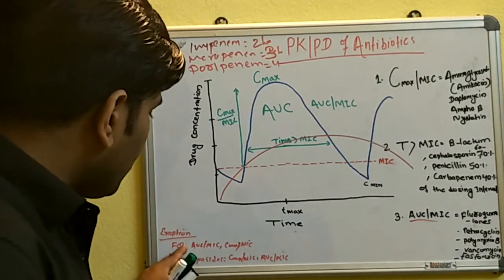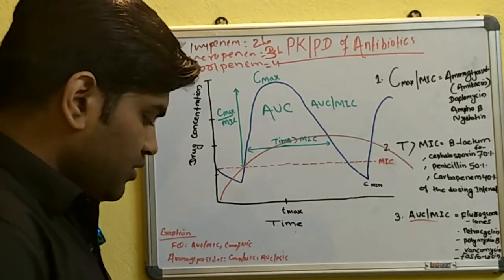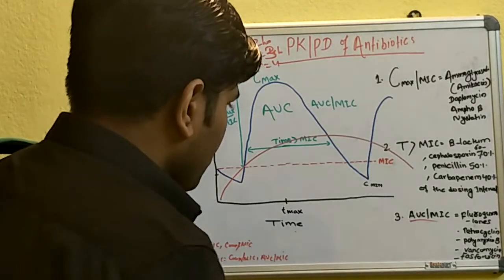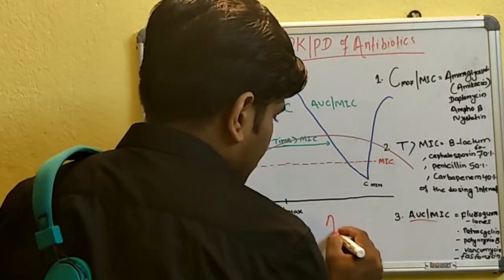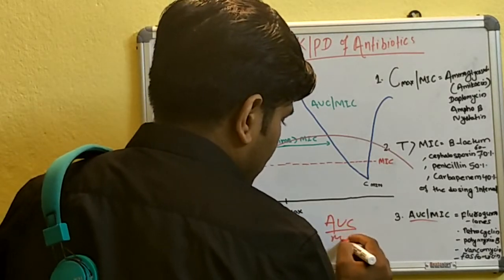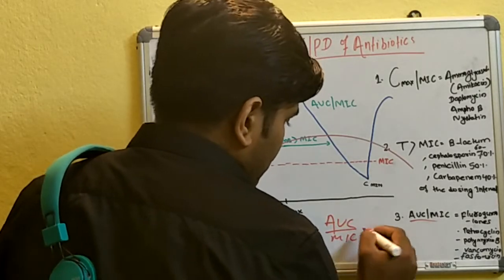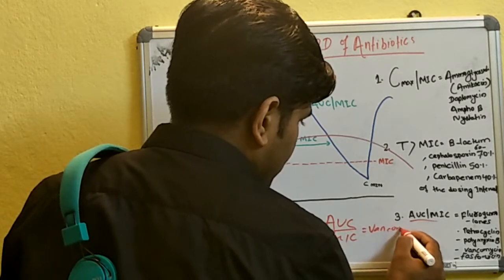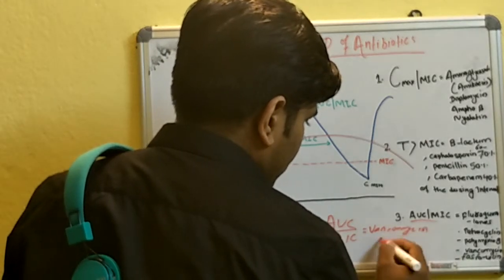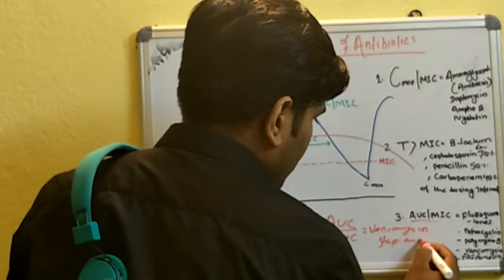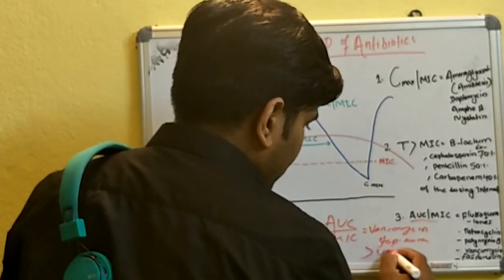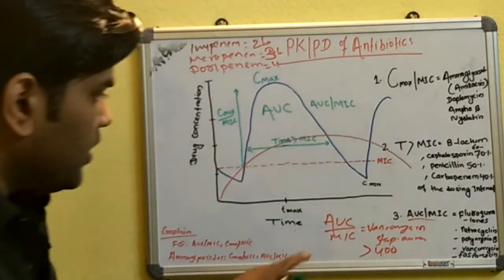Let me make one more thing clear about AUC by MIC. Suppose for vancomycin, you take vancomycin for Staph aureus, it should be greater than 400.